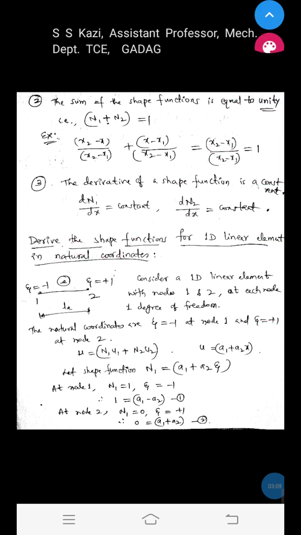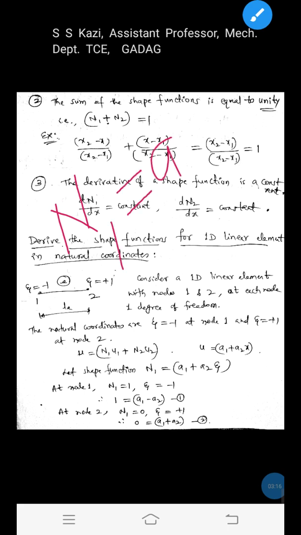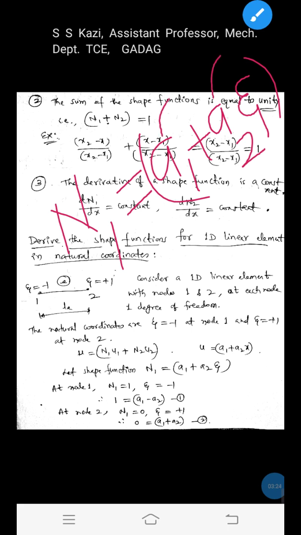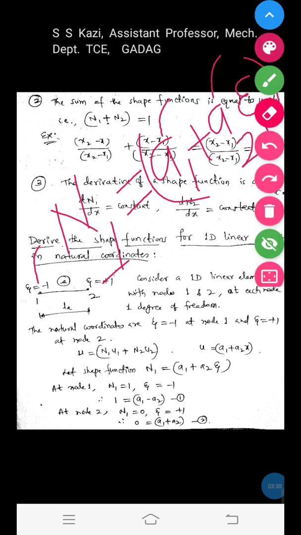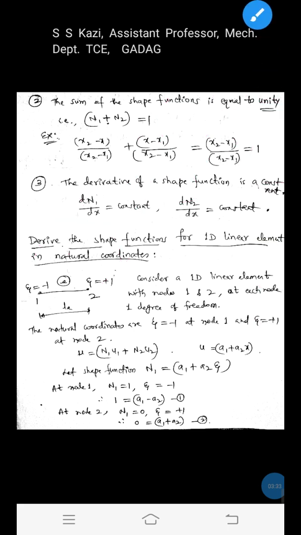So let us assume that the shape function N1 is equal to a1 plus a2 zeta. The order of the polynomial is 1, for a linear element. a1 and a2 are the two generalized coordinates, which equal the two nodes, that is 2 degrees of freedom. Once you assume N1 is equal to a1 plus a2 zeta, let us apply the conditions for nodes 1 and 2.